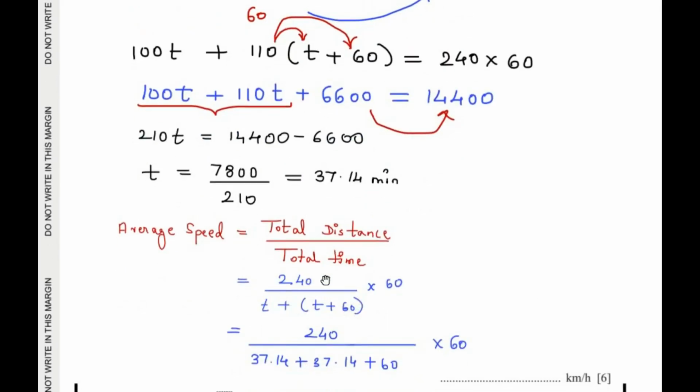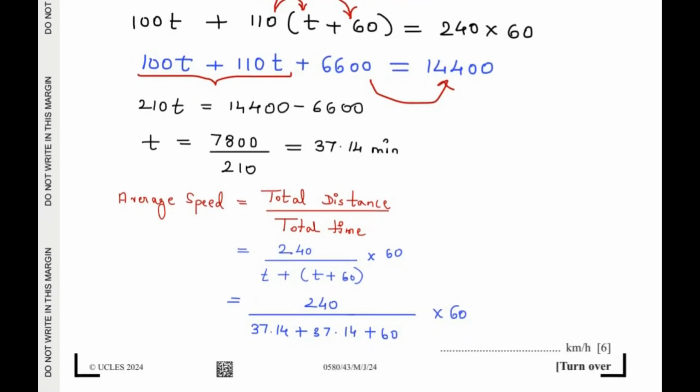Now since we have got the answer in minutes, that is time is in minutes, we have to convert it into hours. As you can see, they want us to write the average speed in hours. So we are going to multiply this fraction by 60 to convert the minutes to hours. So here we have written 240 over time, we got it as 37.14 plus 37.14 plus 60, times 60. Now let us see what value this gives us.